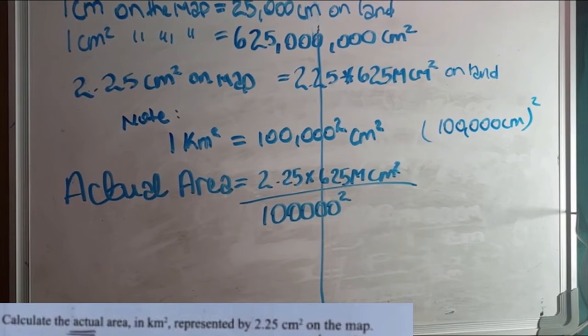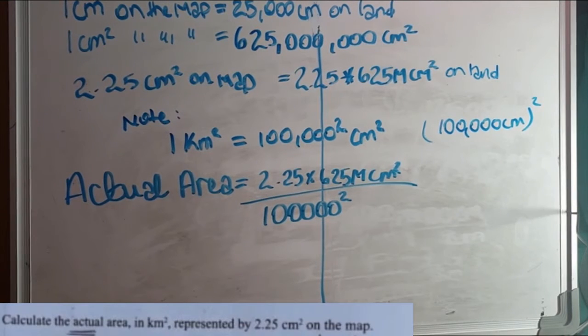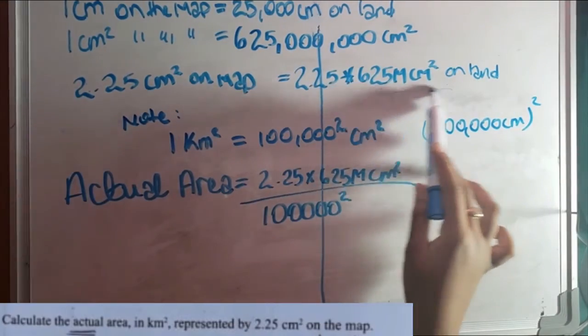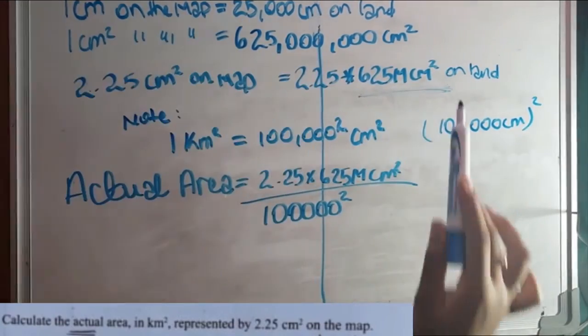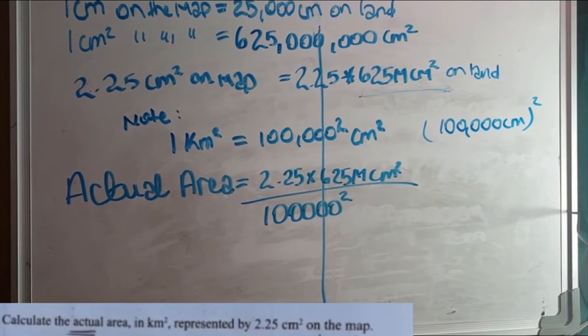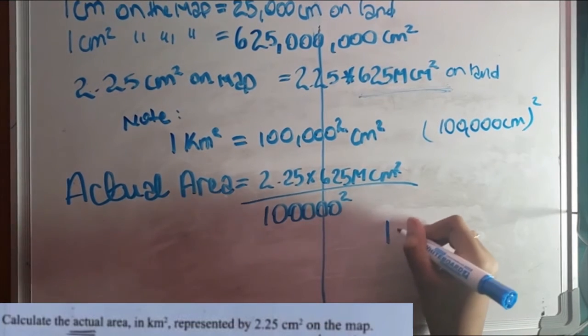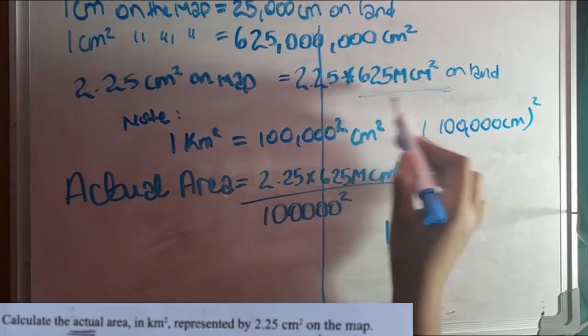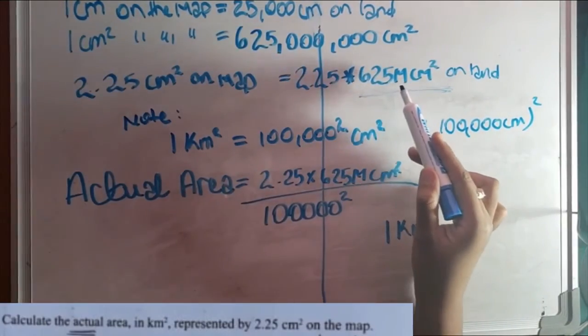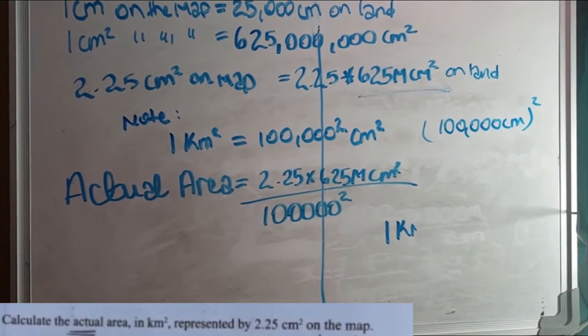Now, the actual area, which is the whole objective of the question, is going to be 2.25 times 625 million centimeters squared divided by 100,000 squared. This is the answer, but it is in centimeters. So we want this to come now into kilometers.